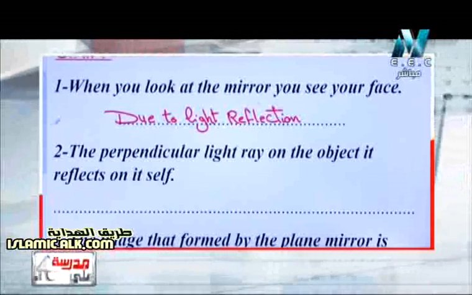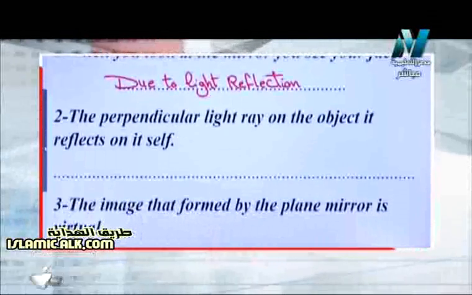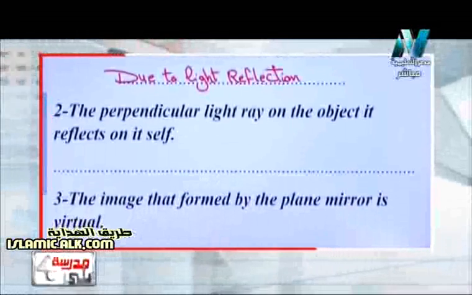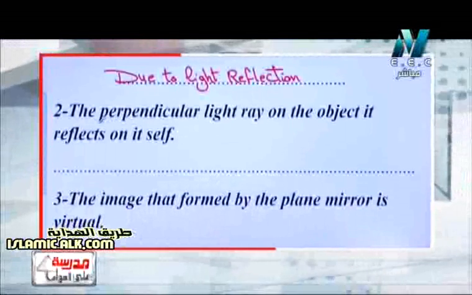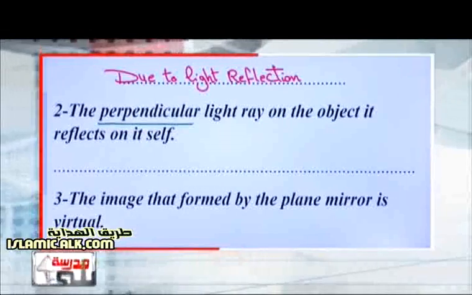Next one, the perpendicular light ray on the object reflects on itself. هنا we studied this give reason before in second prep خدناه في تانية إعدادي and we know the answer.